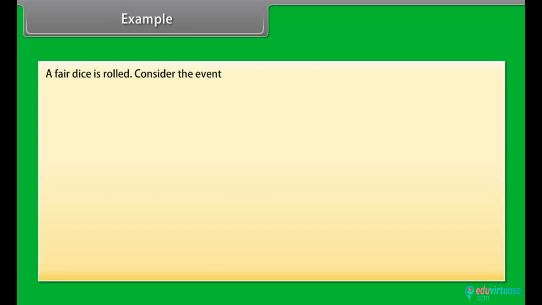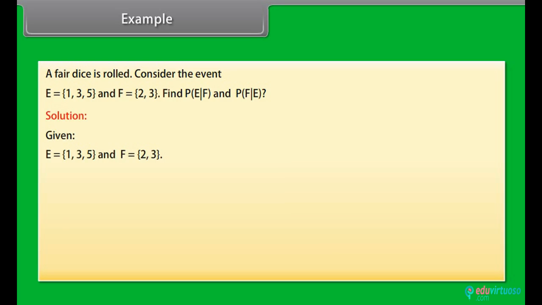Consider the event E is equal to {1, 3, 5} and F is equal to {2, 3}. Find the conditional probability of E when F is given and conditional probability of F when E is given. Solution: given E is equal to {1, 3, 5} and F is equal to {2, 3}.